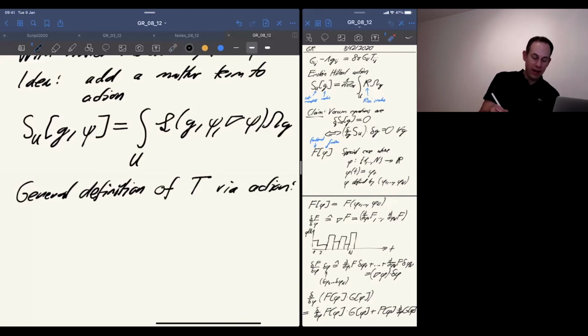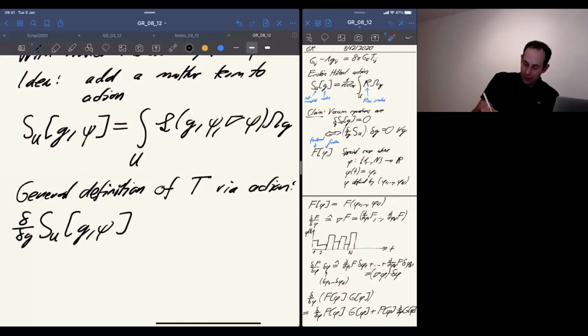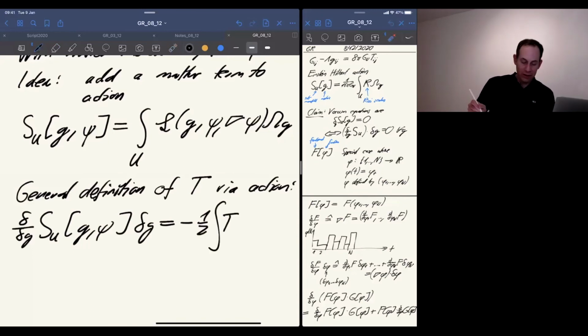One just says that if I vary with respect to g, so if I take the variation of whatever action you give me, for example the action of electromagnetism, which is some function S that depends on g and the field, and I vary it with respect to g, then the energy momentum tensor should be the tensor which satisfies this integral equality.